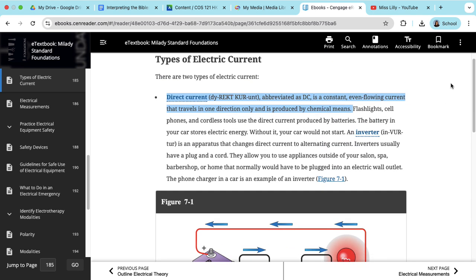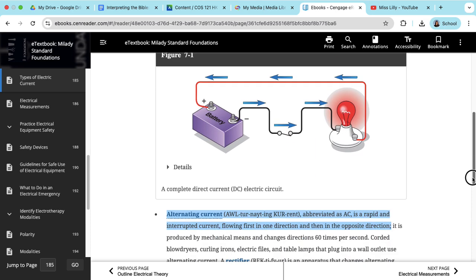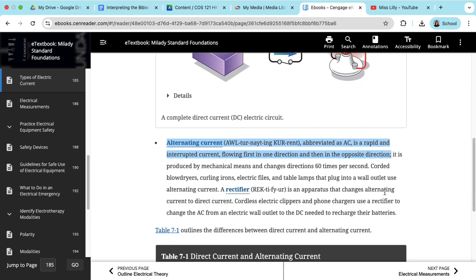Under the direct current, we have an inverter. An inverter is an apparatus that changes direct current to alternating current. So under alternating current, we have a rectifier, which changes alternating current to direct current.